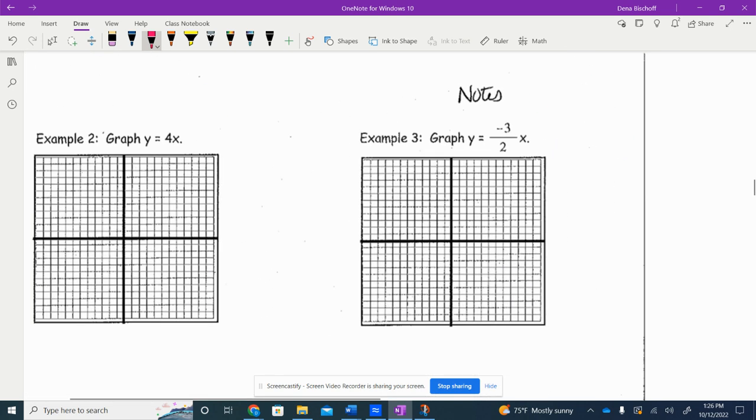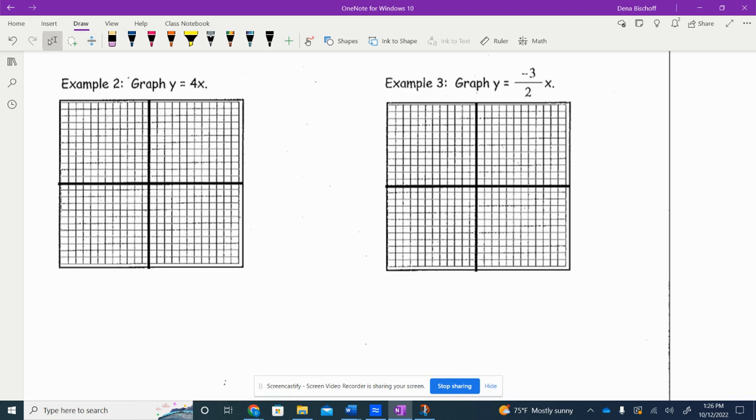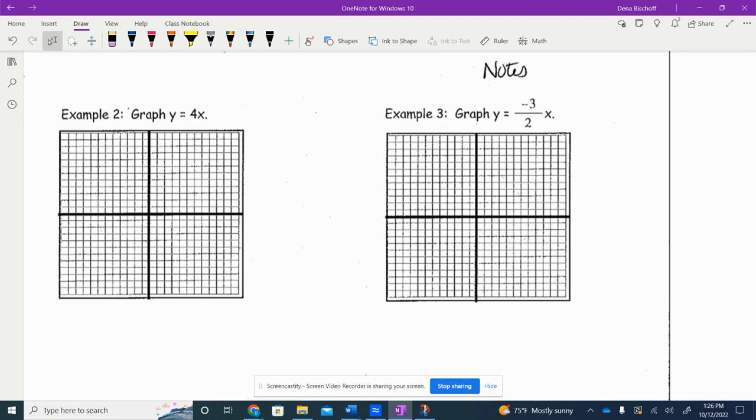So now we're going to graph some equations. So when we graphed y equals mx plus b, where did we always begin? You begin with b, correct? In these equations, what is the value of b, Jane?